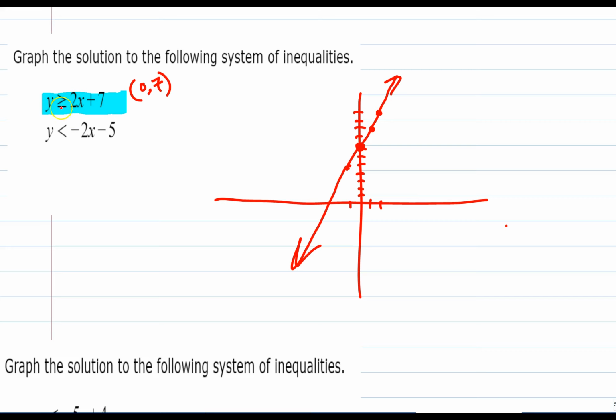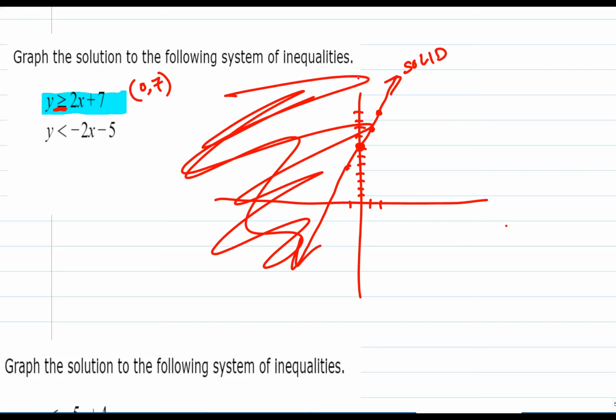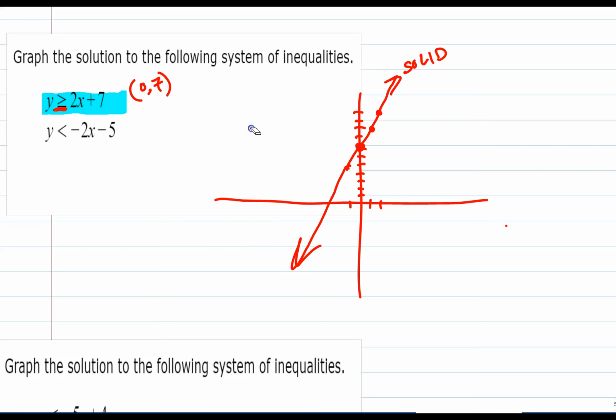Greater than or equal to, that equal to makes the line solid. What does greater than mean? Shading it what direction? But be careful, because if you do all of this, you're going to get yourself lost. So I recommend saving that. If anything, you could maybe put a little up arrow from there to know that we're going to go up from there, just to keep track of it on the paper.